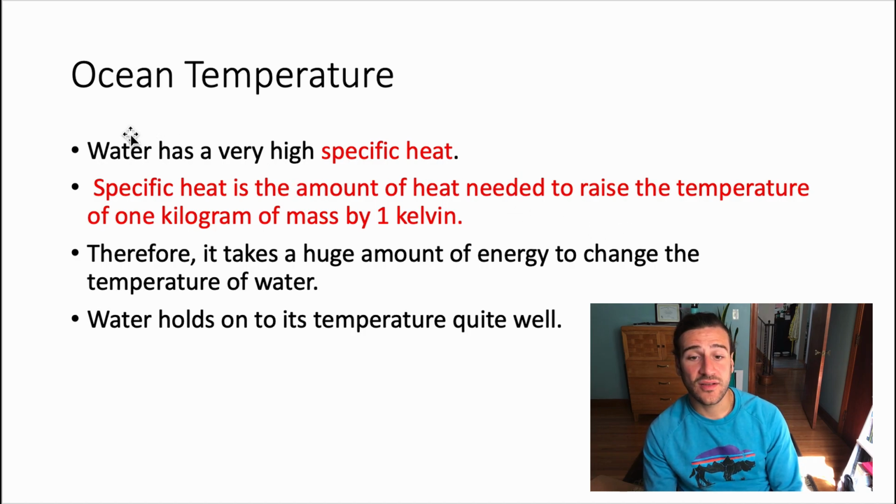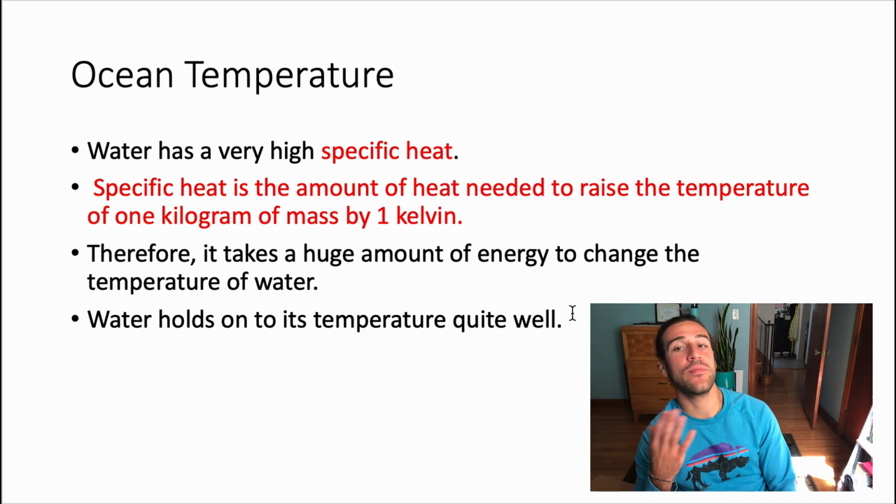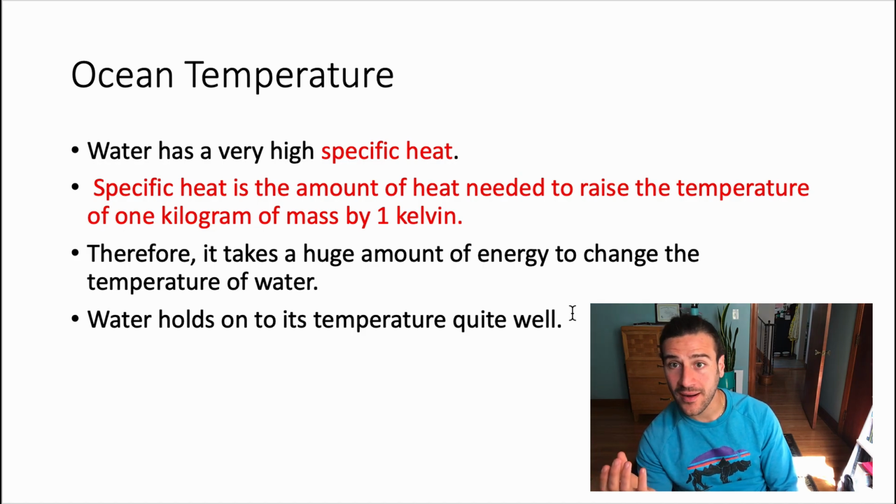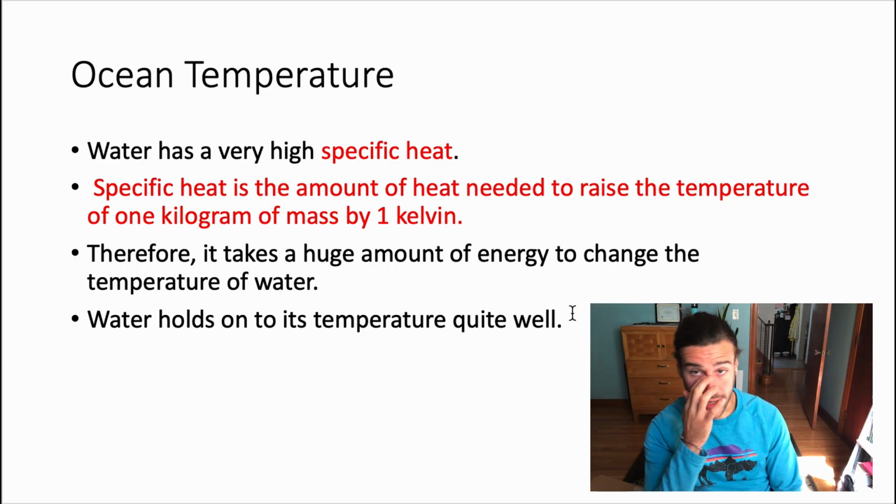So because water has a high specific heat, that means that it takes a lot of energy to actually heat up water. We know this. If you ever boiled a big pot of water, you guys realize how long it actually takes, right?